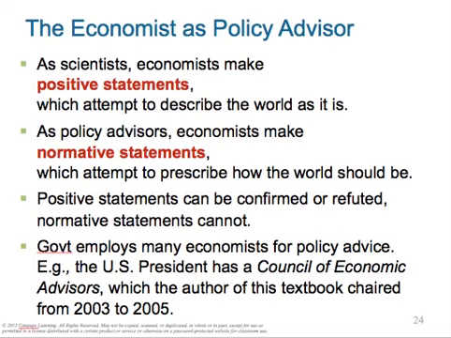As policy advisors, economists make normative statements, which attempt to prescribe how the world should be. I believe that the legislature should take up X policy because I think that would result in the best outcomes. That's subject to my opinion. It's an informed opinion, but it's a normative statement. Positive statements can be confirmed or refuted. They're factual, and normative statements cannot because they're essentially opinions.